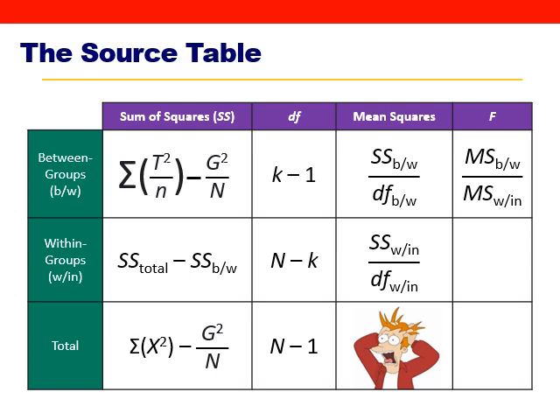The top one is the between groups degrees of freedom, the middle one is the within groups degrees of freedom, and the bottom one is the total degrees of freedom. In the third column, we have 2 mean squares values, a between groups mean squares and a within groups mean squares. And then finally, all the way on the right in the fourth column, we have what we're actually looking for, which is our F statistic.